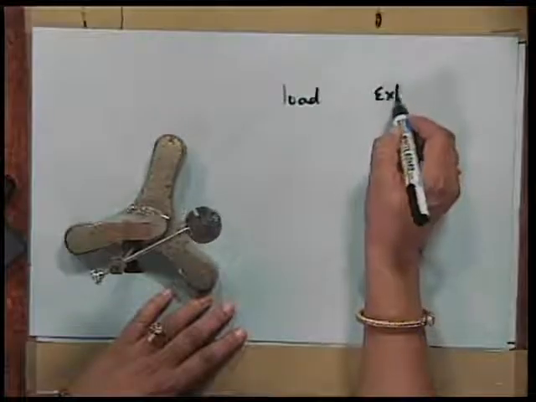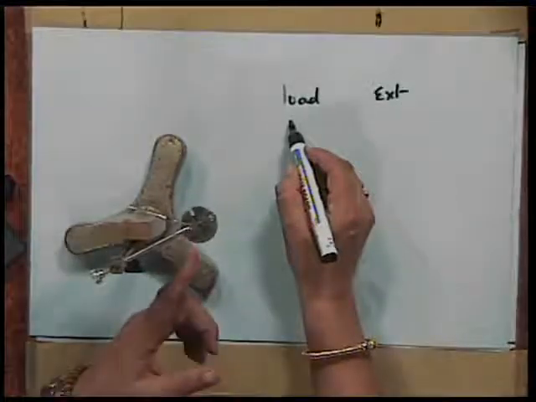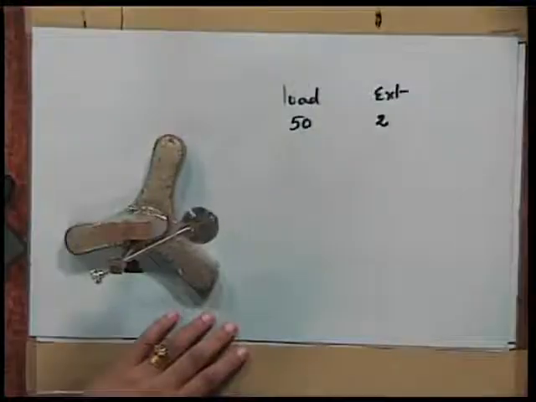As I load, you will note the reading. I will note it for you. So, load and the extension. The load I have here is 50 grams, and the reading, if you can read well, is 2.